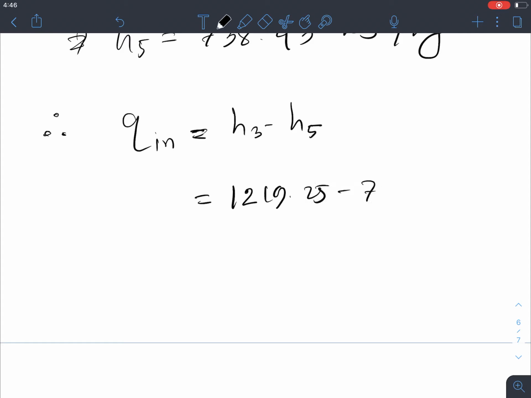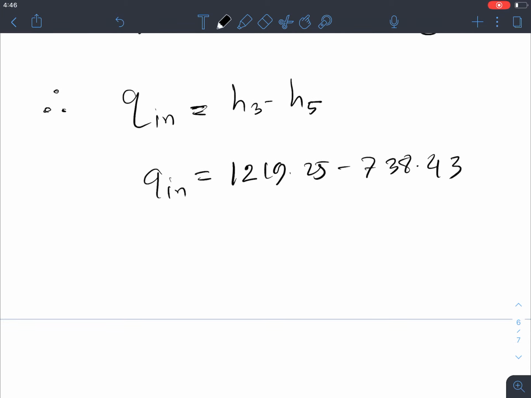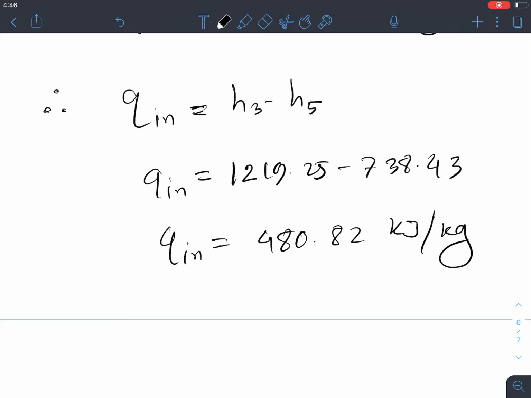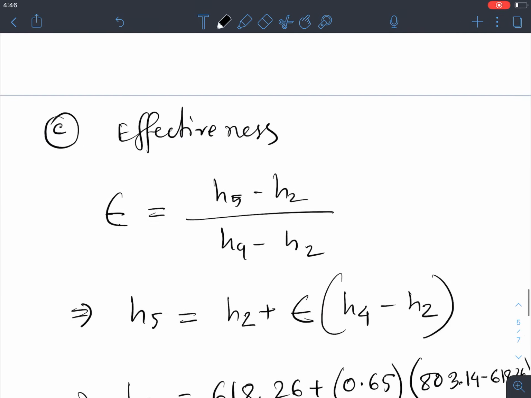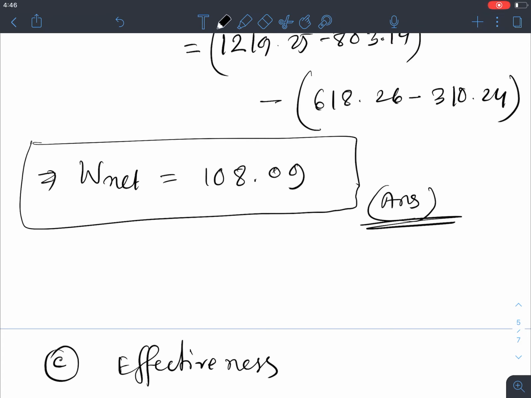So it will be 1219.25 minus 738.43. So the Q in equals 480.82 kilojoule per kg. So we have the Q in and W net of this system, which is 108.09, kilojoule per kg.